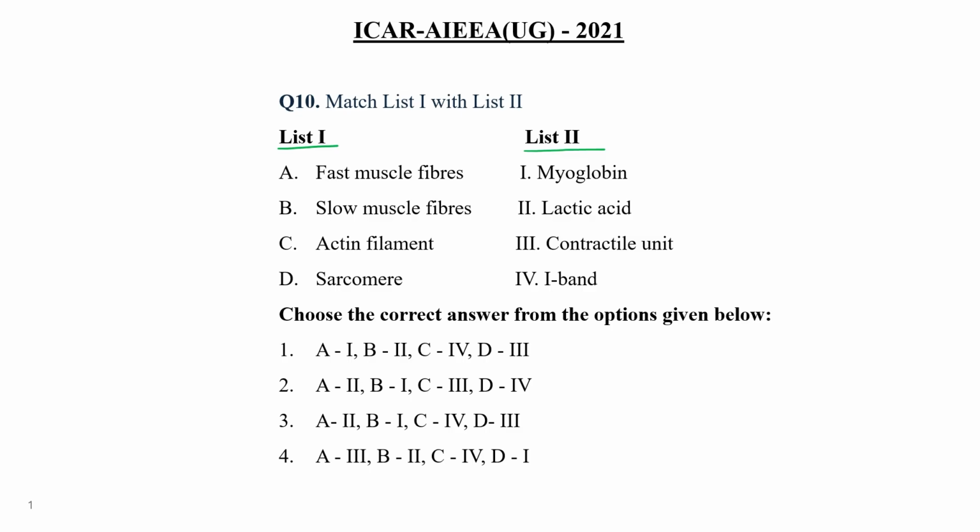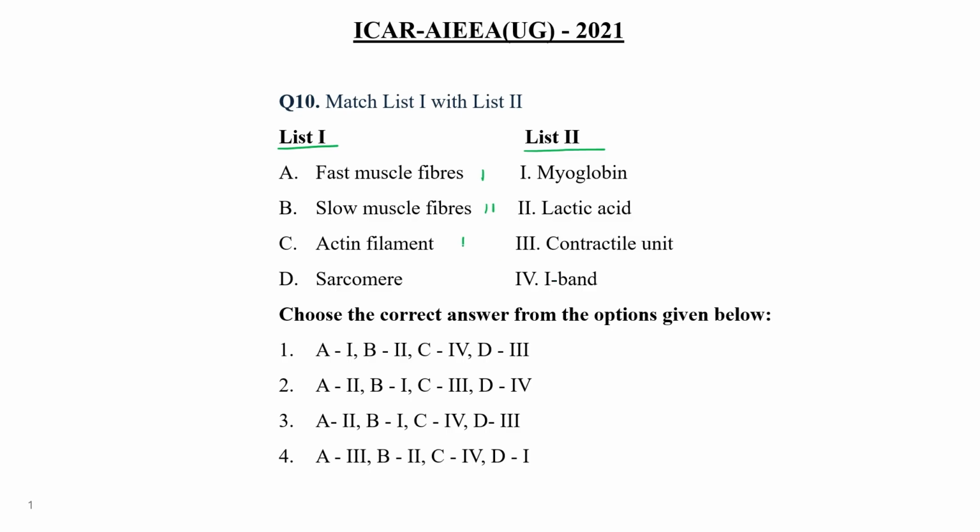Okay. So fast muscle fibers are rich in myoglobin. So these are helping in aerobic respiration as well. While in slow muscle fibers, lactic acid is there, right? So A with the choice number 1, B with choice number 2. Actin filaments are present in the I band.